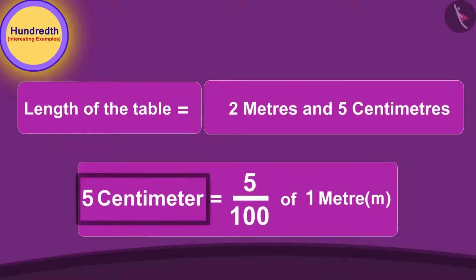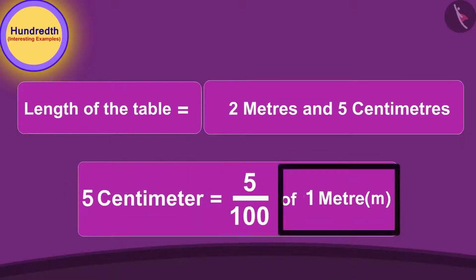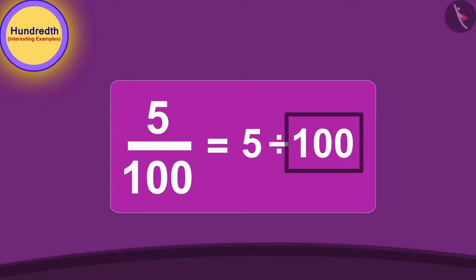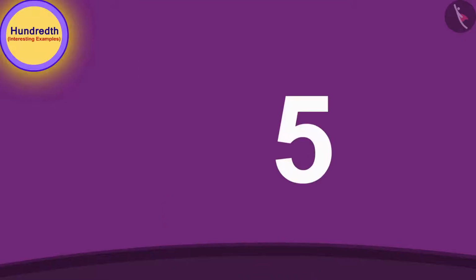5 centimeters is the 5/100th part of a meter. In other words, we are dividing 5 by 100. To write it using the decimal point, we will move the decimal point to the left once, starting from the end of 5 first, according to the procedure taught by Uncle.